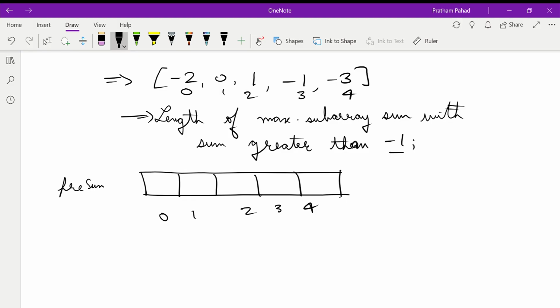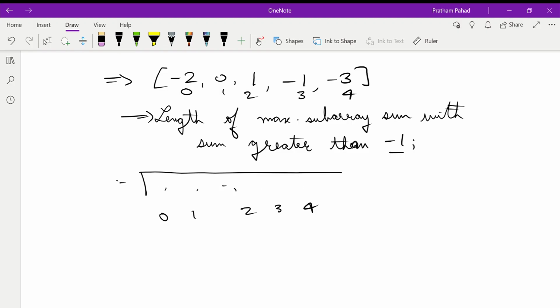We'll make a pair of prefix sum -2, 0, -2, 1, -1, 2. -2, -2 plus 1 is -1. Yes.